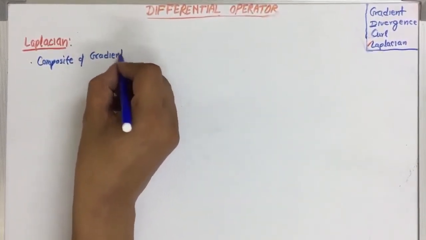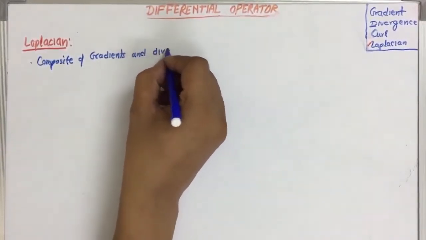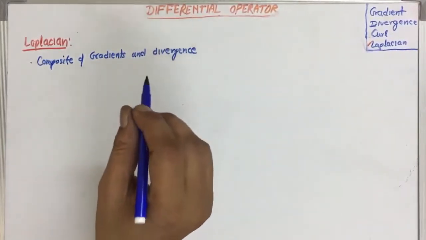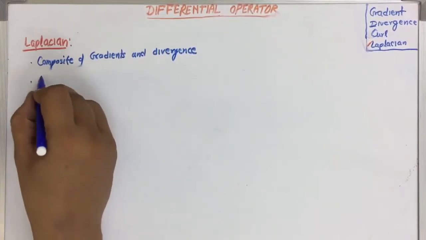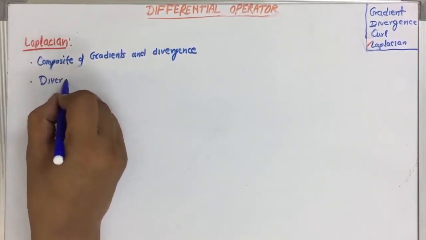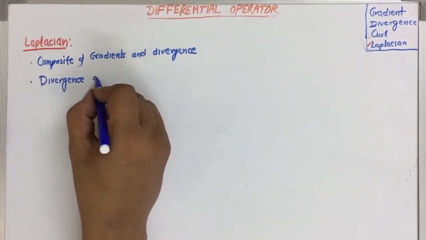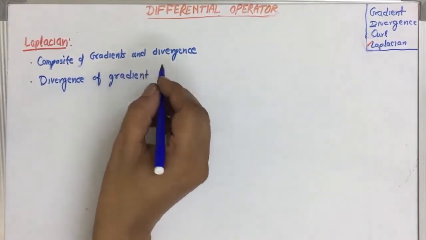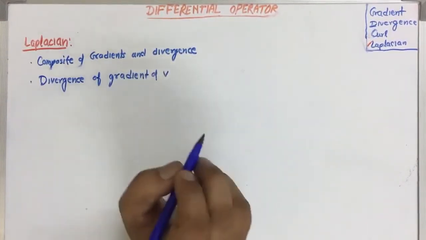gradient and divergence. It can be defined as the divergence of the gradient of a field.